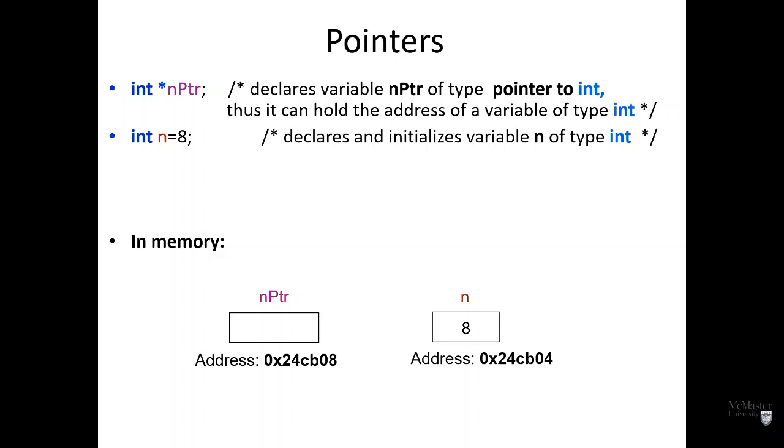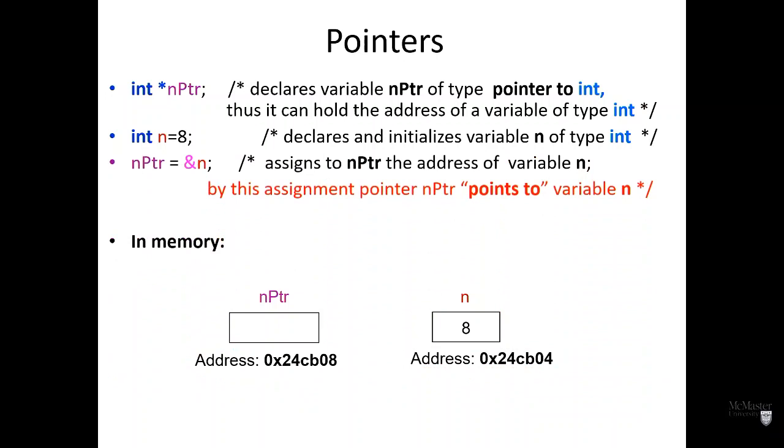The only different thing about pointers is what this value is. It's also an address, right? So if you assign the address of n to n pointer, it will basically take this address here, right? It will copy the address of n and put it in the value of n pointer. As you can see, this is a thing and this is a completely different thing.